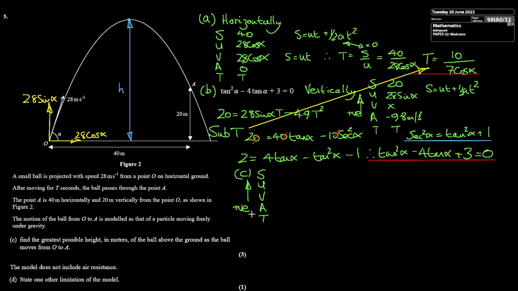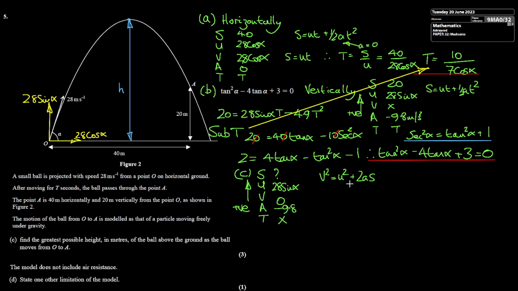So here's my suvat, and I've chosen again the vertical direction going upwards as positive. s is equal to question mark, that's going to be our answer. The u again is 28 sine alpha. v this time will be 0. The acceleration due to gravity is negative 9.8, and the t doesn't matter. Which equation links all this lot, which is v squared equals u squared plus 2as.